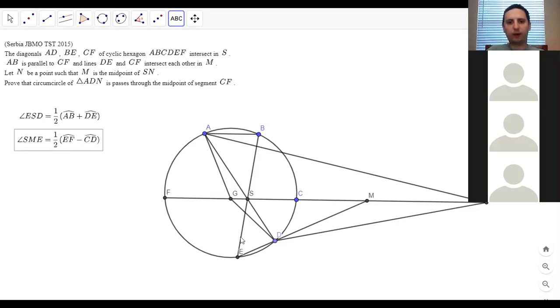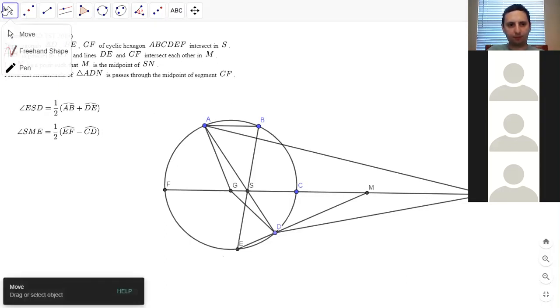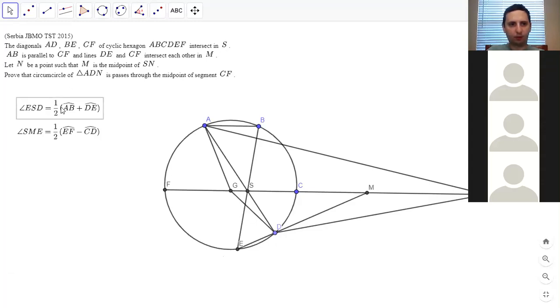Did I show the right two angles? I want to show... Oh no, I need to show MSD as SEM. Okay, I did the wrong angles actually. So let me just start over here.